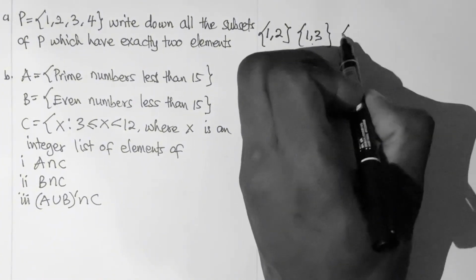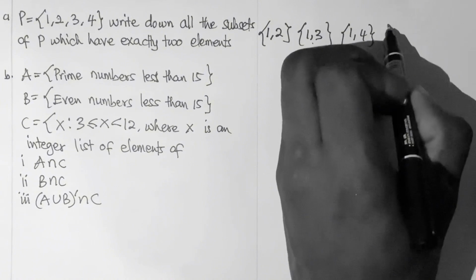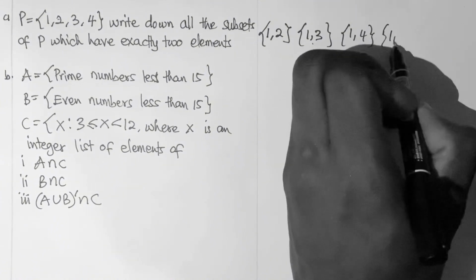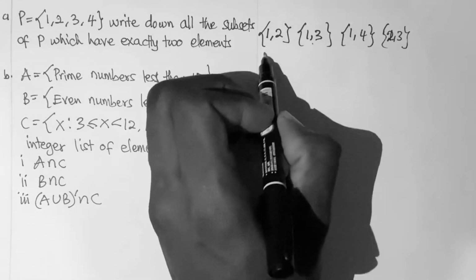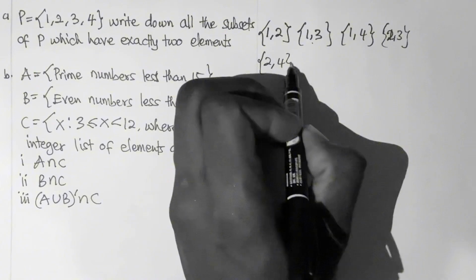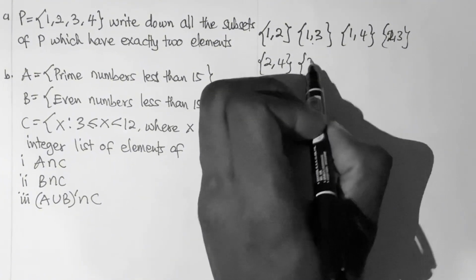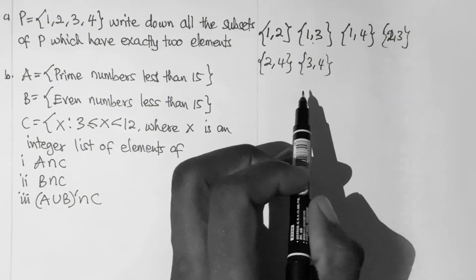The next one is {1, 4}. Then the next one is {2, 3}. Then the next one is {2, 4}. Then the last one is {3, 4}. So these are the subsets of P.